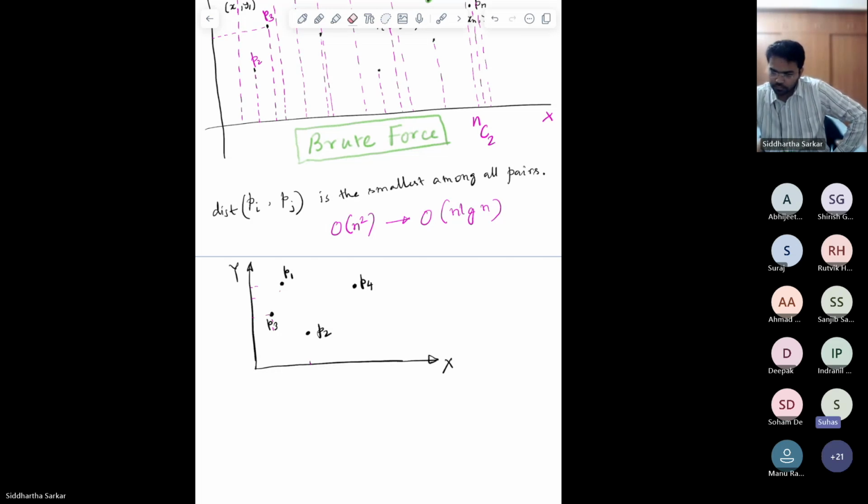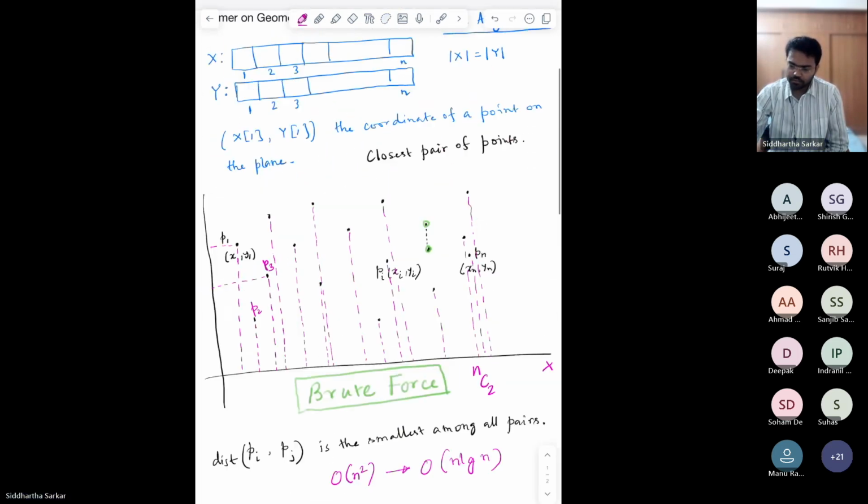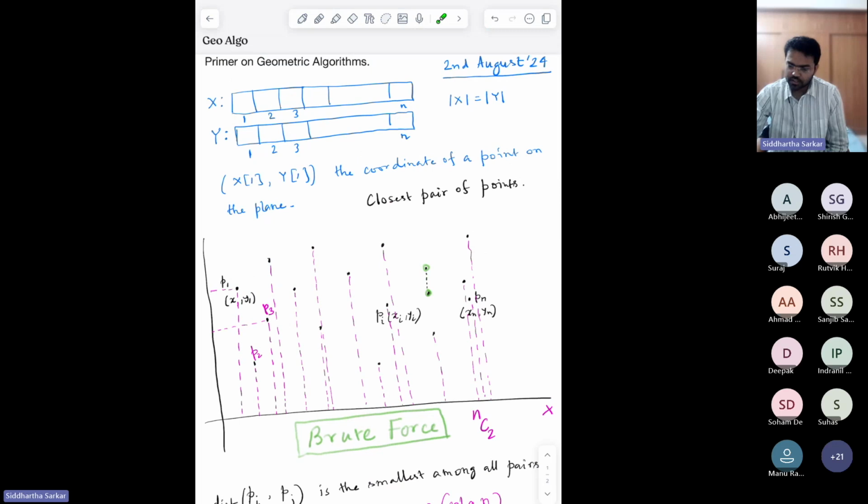Sir, also we can't sort two arrays independently because one should correspond with the other. X and Y should be the same. If we sort separately, we'll go wrong. No, so you have two arrays to start with. One is the X array, which contains the X coordinates, and the Y array contains the Y coordinates. It is possible to sort the X coordinates separately and the Y coordinates separately.